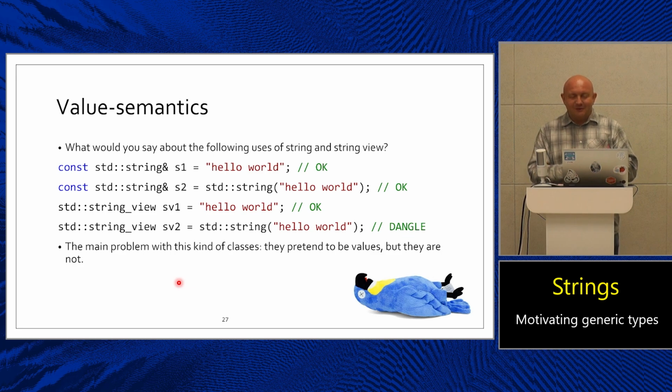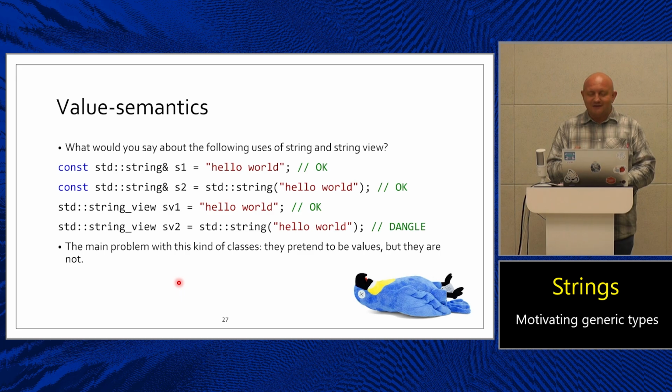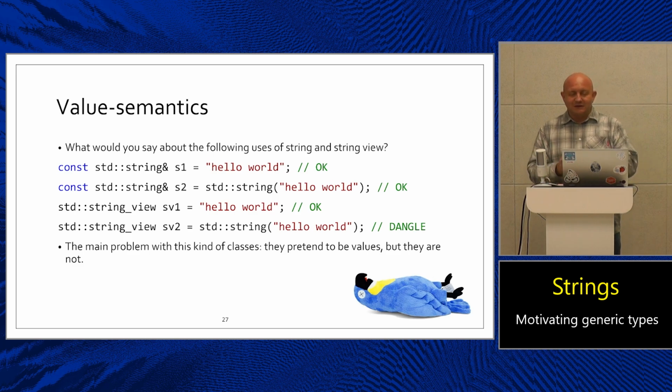And the main problem with classes like string view is that this dangling is hard to notice if you're not specifically looking for it. The value here is not annotated, and it can dangle. Value semantics are needed precisely so that nothing dangles, but here we have a value that dangles.